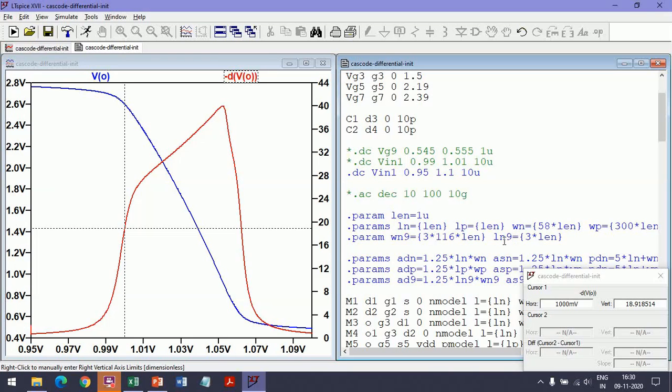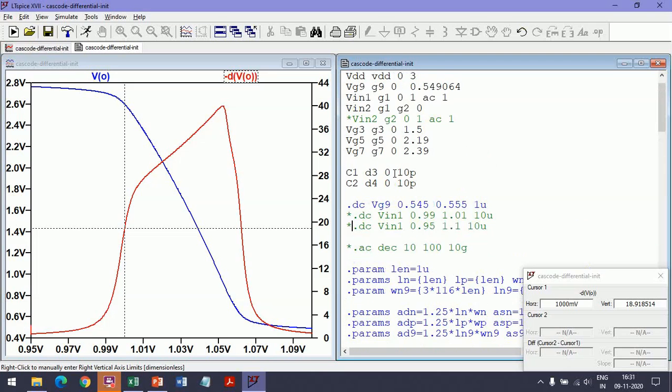Let's see what happens. But as soon as we do this, we change something in M9. We have to go back to VG9 and adjust it so that everything remains in saturation.